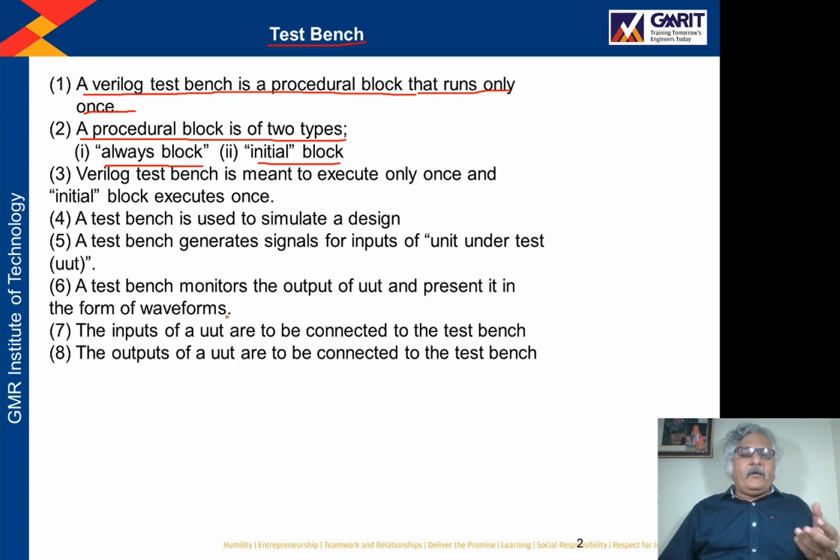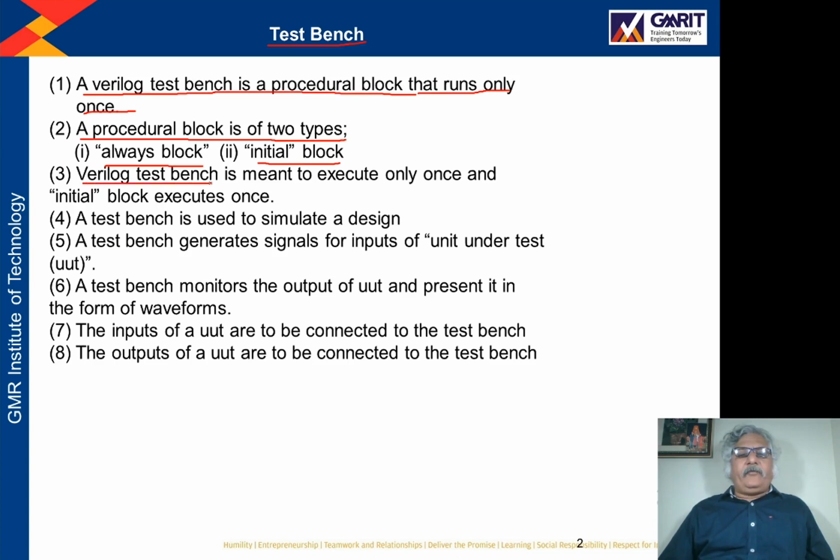So basically the always block will not run only once. It will run many times depending upon how many times there is a change in the signals in the sensitivity list. But the initial block, which is used in writing the test bench, runs only one time.